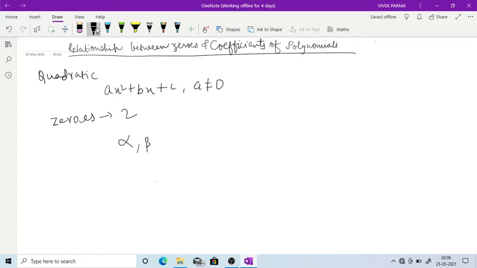First we take the sum of these two zeros, the sum of zeros, alpha plus beta, which is equal to minus b upon a. What is b here?